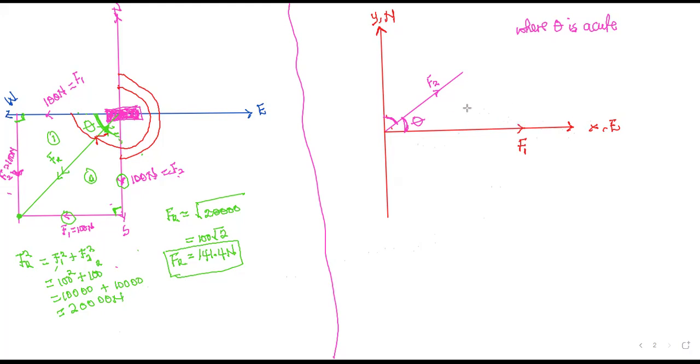And so I'm going to draw an equal vector of F2 put on the head of F1. Now this new image of F2 must have the same magnitude as the original. I'm just estimating the magnitude. On graph, Imelda, you must measure.